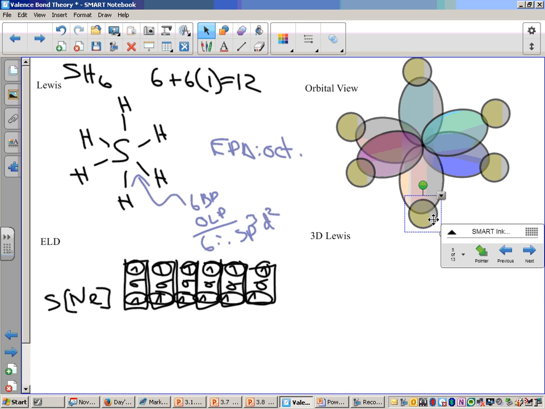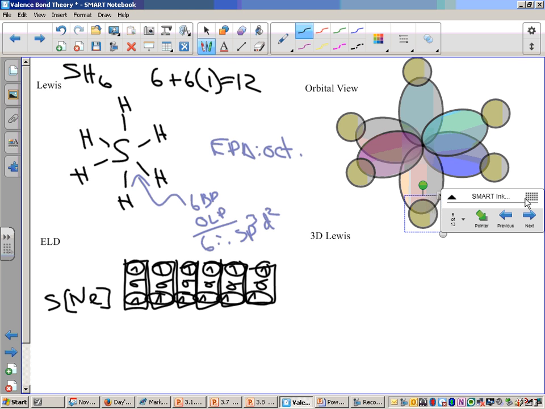All right, 3D Lewis diagram. 3D Lewis diagram can be done a couple of ways, but there is one standard way of doing it, and it's very much like the picture that we were doing with our orbital view. We have sulfur, and up and down get straight on the board right there.